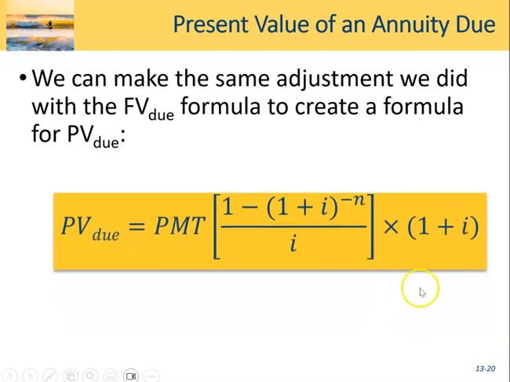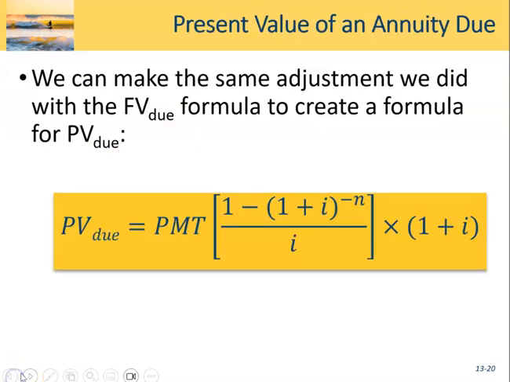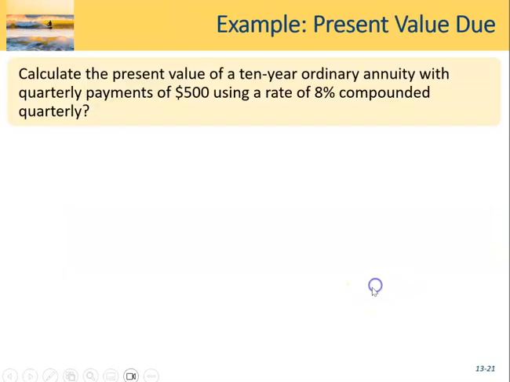Okay, so again, if we were using the calculations, you've got your regular calculation for present value, and then to turn it into a present value due, we multiply that whole thing by 1 plus i, or your interest rate. Okay.